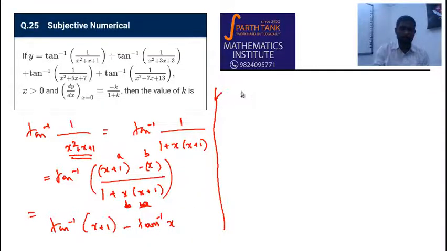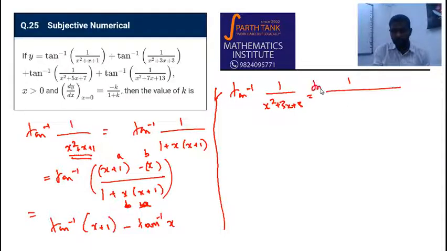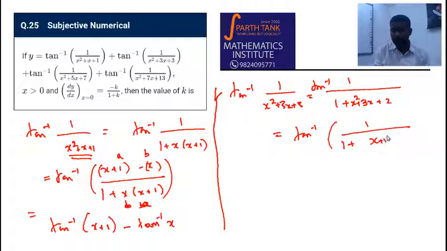Okay. Then the same way, tan inverse of 1 by x squared plus 3x plus 3. If you note that it can be written as tan inverse of 1 plus x squared plus 3x plus 2, and once you have written it this way, you know that this x squared plus 3x plus 2 is x plus 1 into x plus 2.